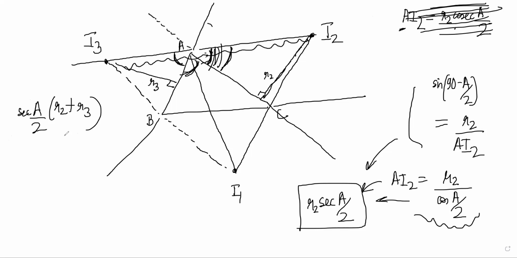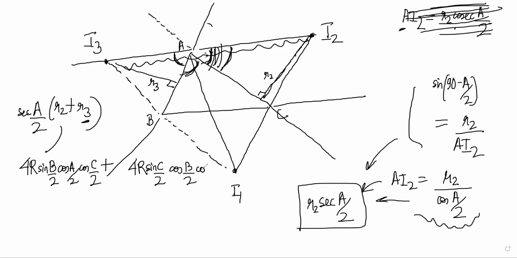So R2 plus R3 sec A by 2. If you use the formula, it will be 4R sine B by 2 and cos A by 2 cos C by 2 plus 4R sine C by 2 and cos B by 2 cos A by 2, right?